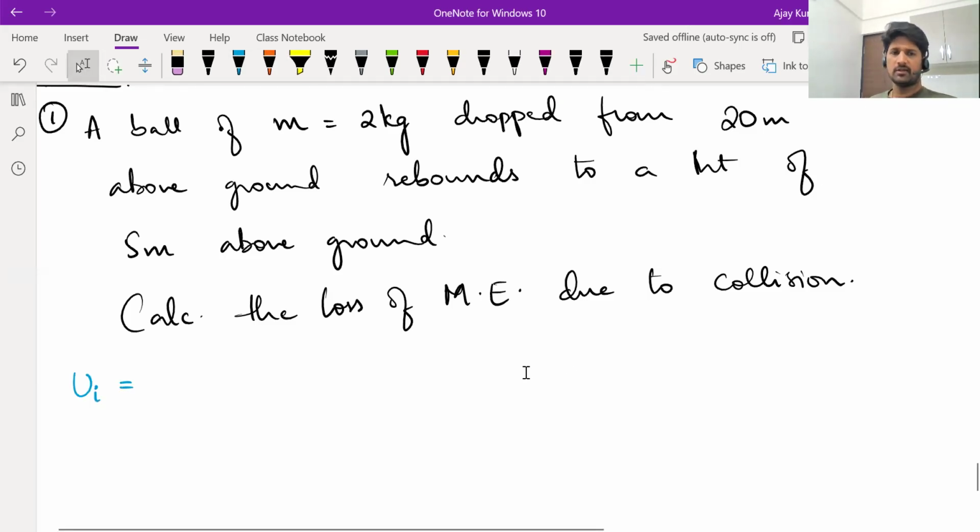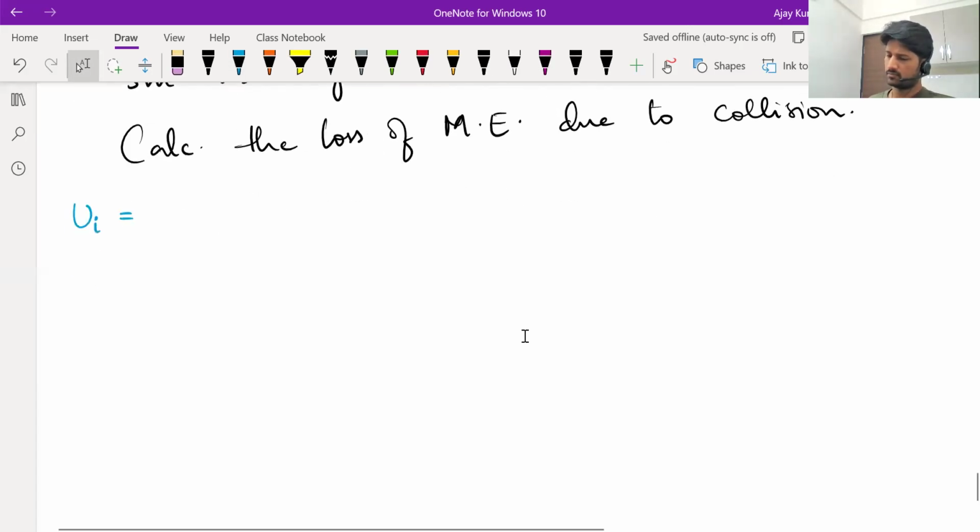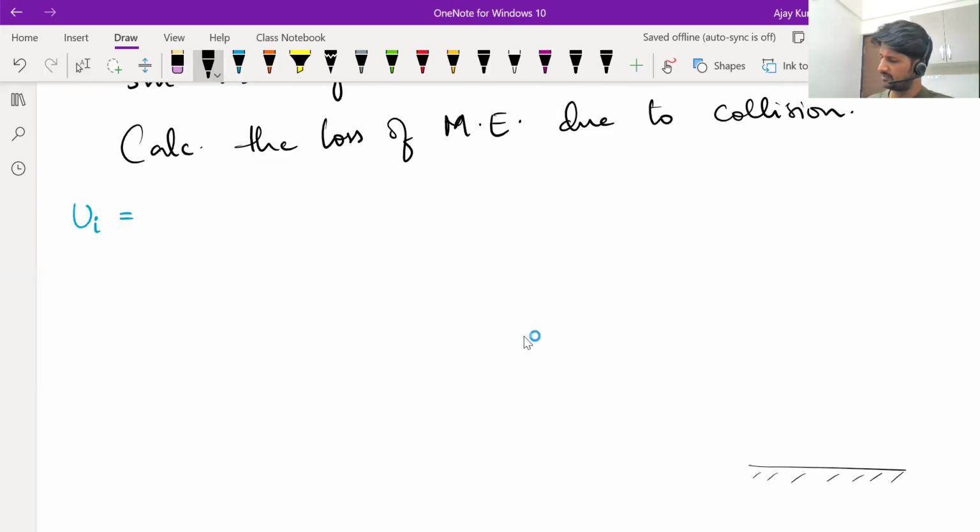What is the formula for gravitational potential energy? mgh. Okay, you can take the ground as the reference or some level you will have to fix as reference. I'll take ground as the reference.